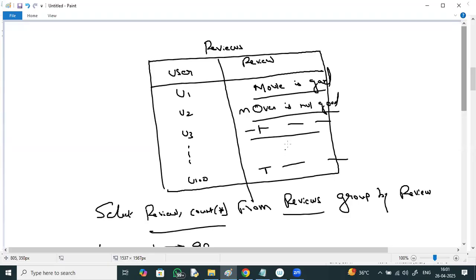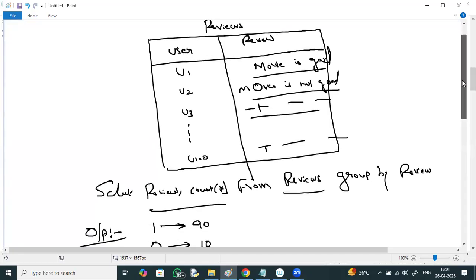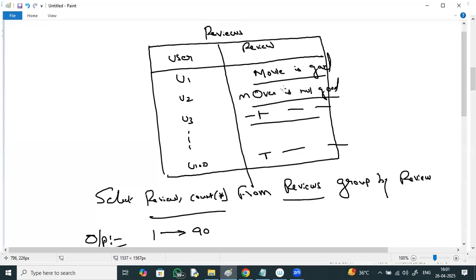Movie is good. Movie is not good. We can write an SQL query to count the number of goods and not goods, right?